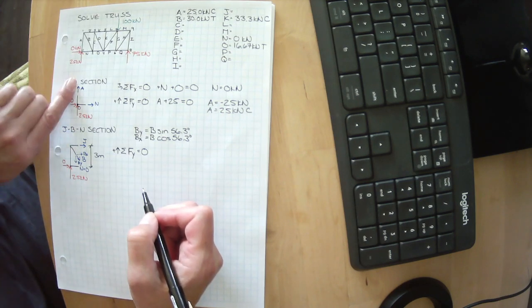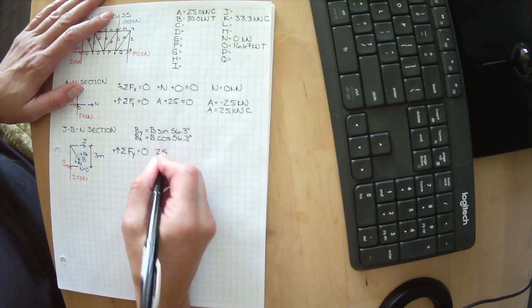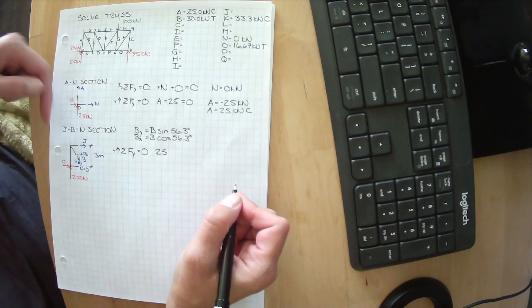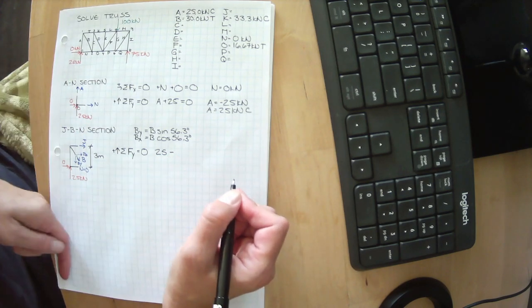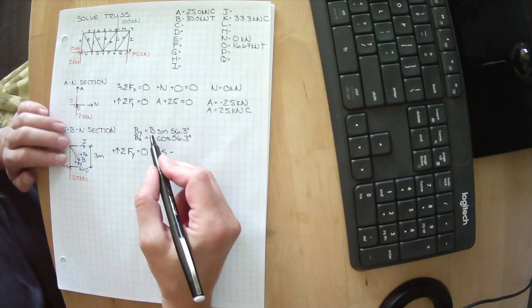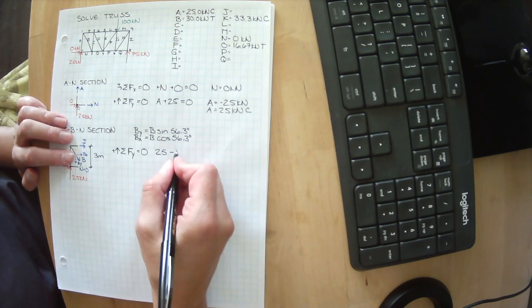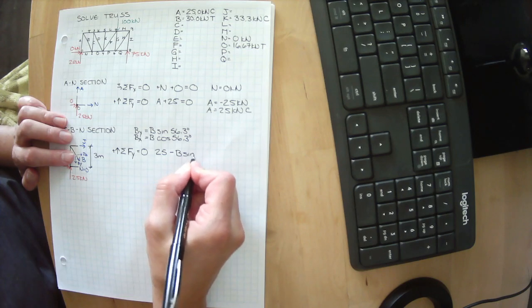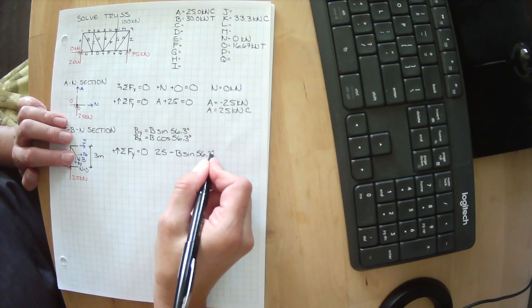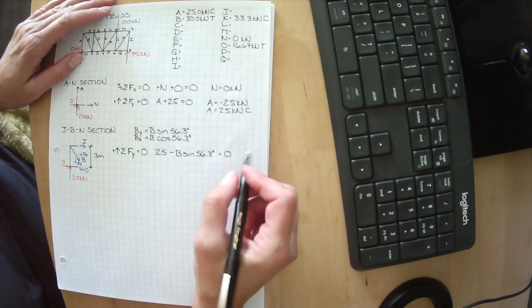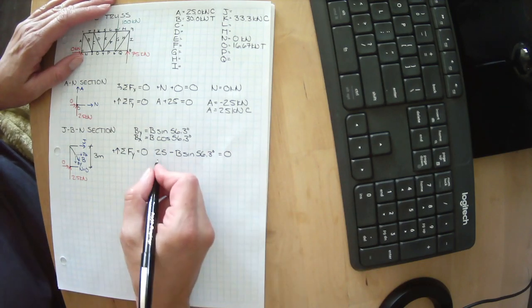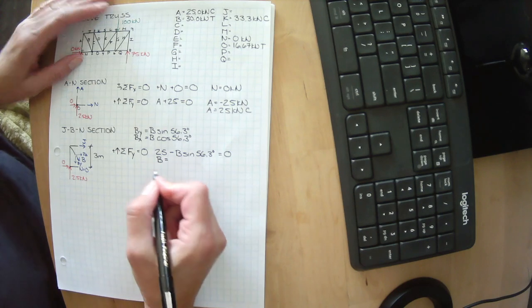We've got 25 kilonewtons upwards as our reaction, and we've got BY going downwards. So minus BY, and BY is B sine 56.3 degrees. Those are the only things in the Y direction. But it looks like we can solve for B.